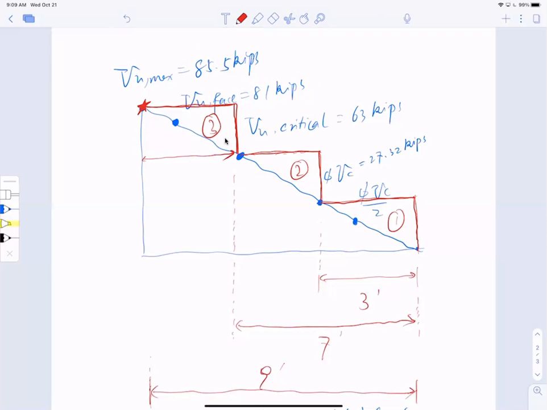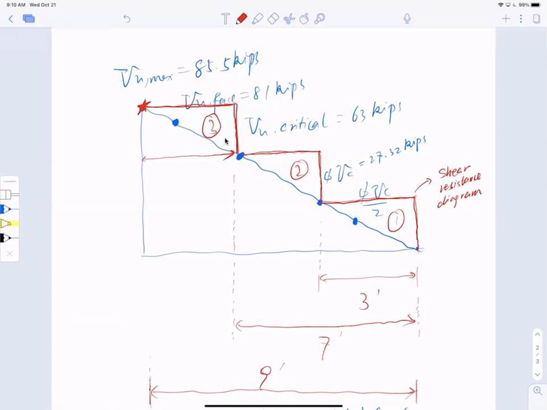This stepwise red curve is called the shear resistance diagram. This is a new term for you. You have the shear diagram, and you also have a shear resistance diagram. That means I will design according to the red-shaped envelope that will enclose the blue shear diagram.